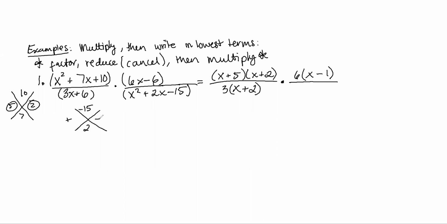And because we are multiplying to a negative 15, our two numbers are going to have a difference of 2. So that means we're going to have 5 and 3. And the 3 is going to be the negative one so that we add up to a positive 2. So let's go straight to parentheses, x plus 5 times x minus 3.